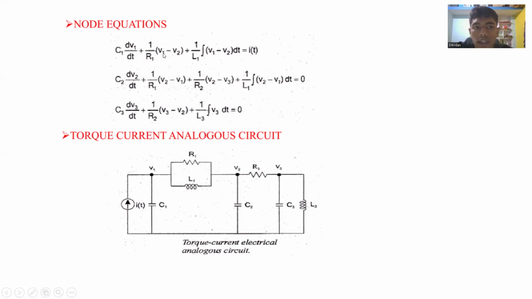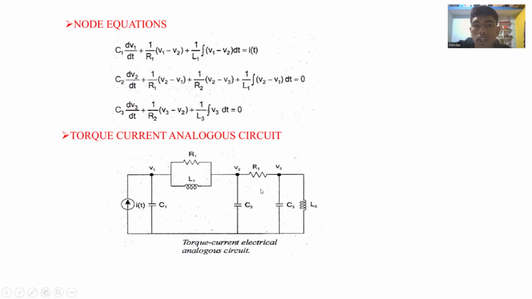So we can see again that R is shared among two voltages. Here, the inductor is also shared among two voltages. So these resistors and inductors are present between two node voltages, and that's how you plot these two components. So this is the respective torque current analogy circuit.